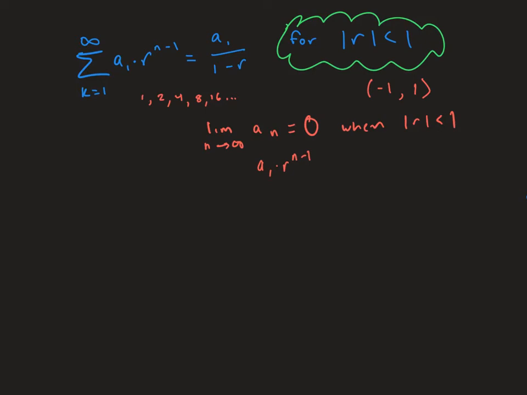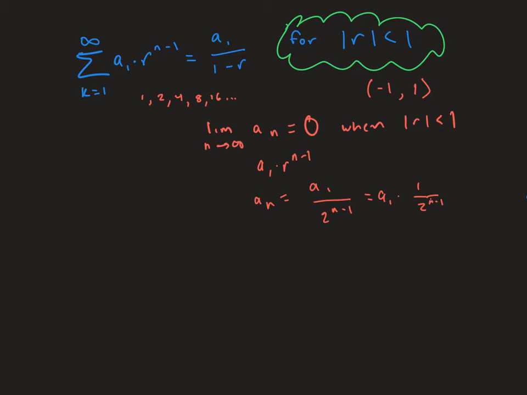So for instance, let's just say that r equals 1/2. If we have a fraction then where when r is 1/2, we can write a sub n as a sub 1 over 2 to the n minus 1. Because essentially that's the same as writing a sub 1 times 1/2 to the n minus 1.